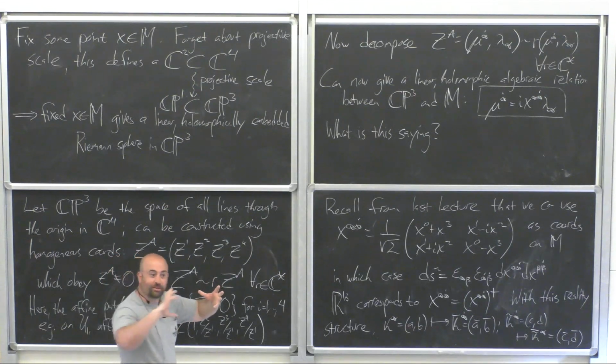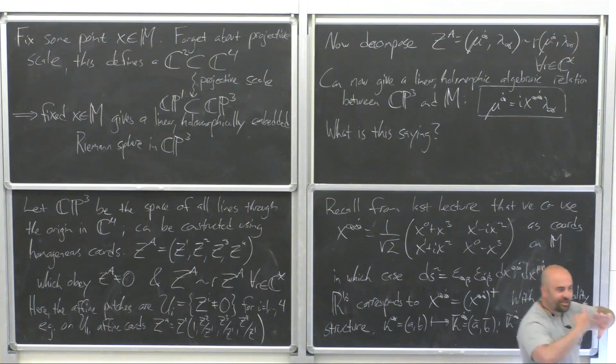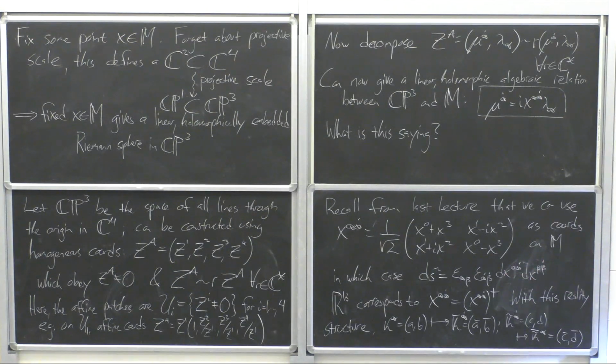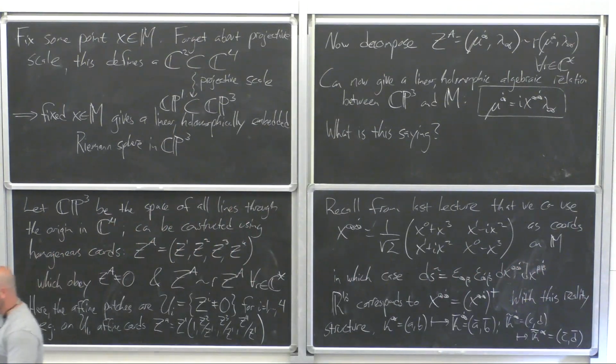But if my two spheres intersect in a circle, I have to define that circle using Z and Z bar, right? That's not something holomorphic. So holomorphic Riemann spheres can only intersect in points, just like lines can only intersect in points. So if you're having trouble picturing something, just think about lines in R3, and the intuition is going to be good enough most of the time.